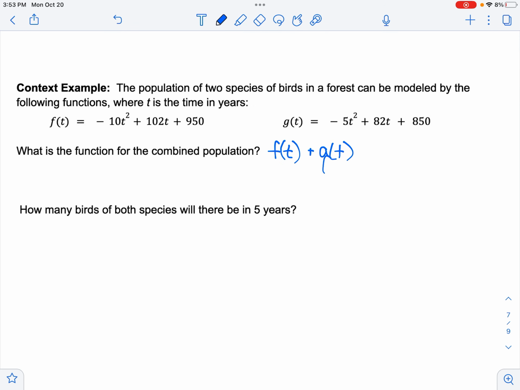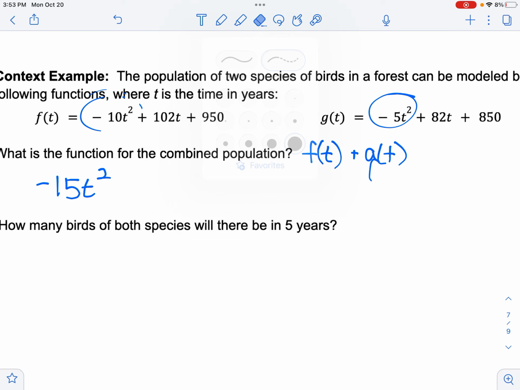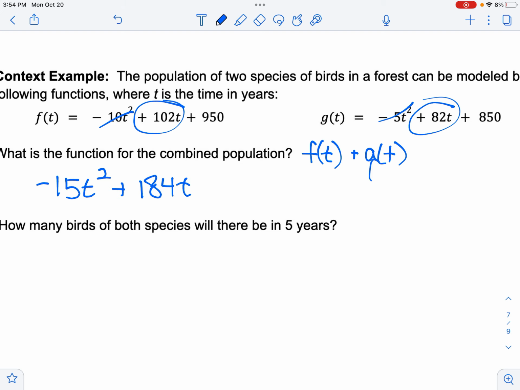Okay, so, all right, let's do it. If I put those together, I'm going to combine like terms. So I'm going to say this plus that would give me -15t squared. All right. And then I guess I've canceled those out. So now let's do, I have 102t plus 82t would give me 184t.